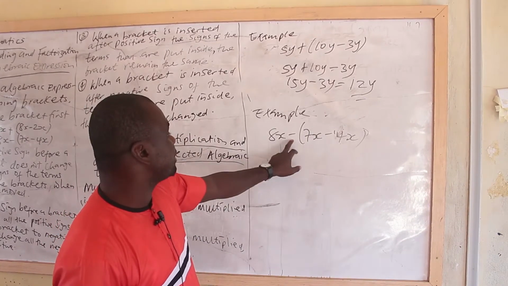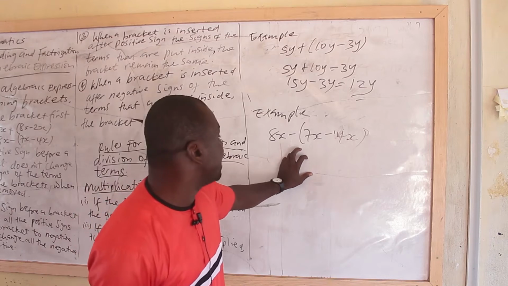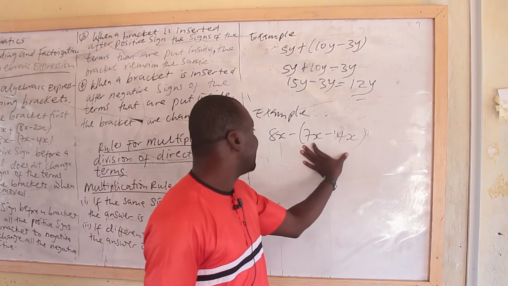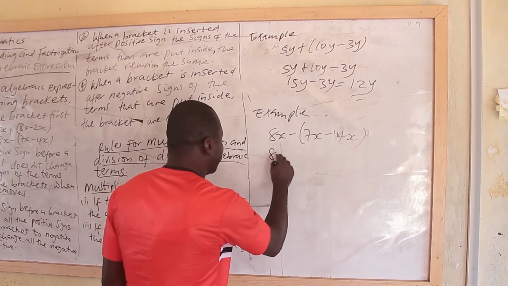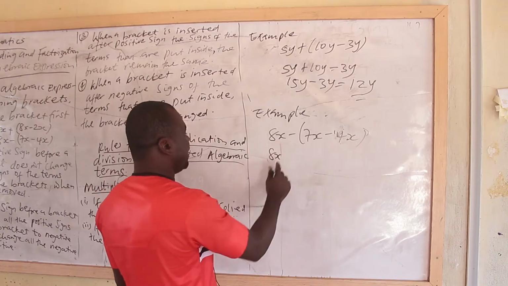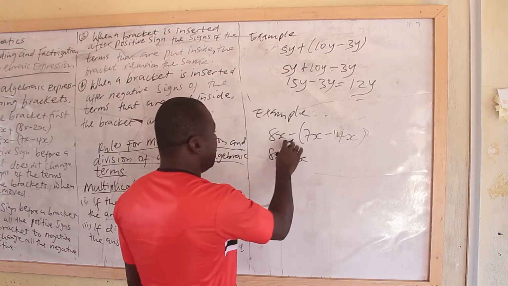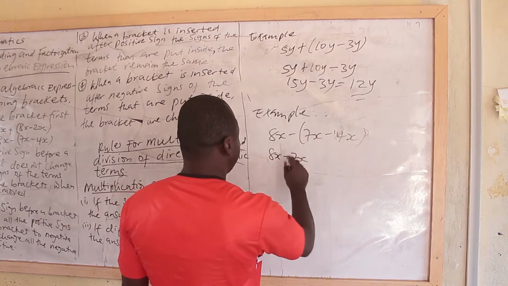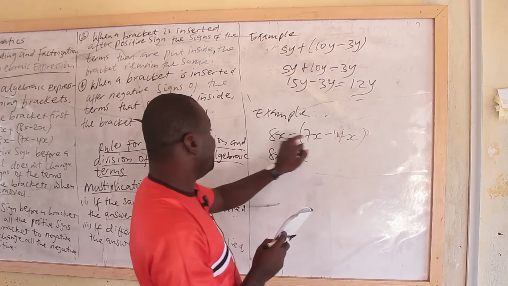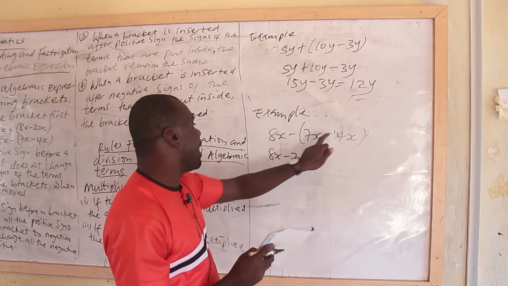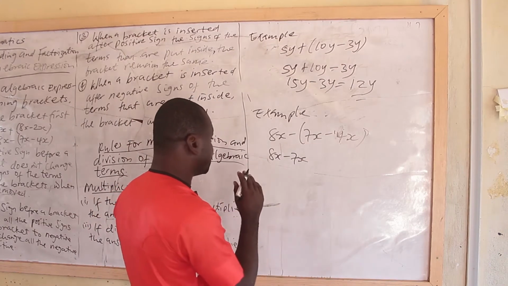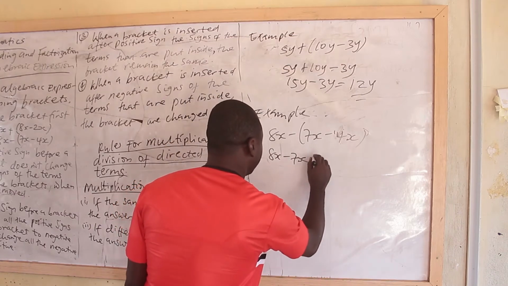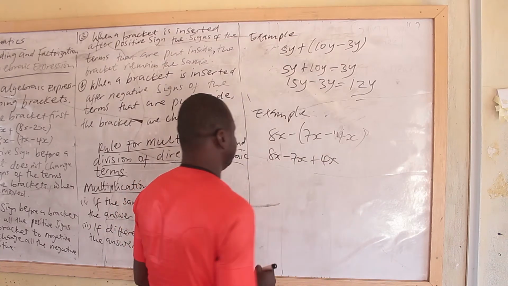So we use the minus sign outside the bracket to multiply whatever is inside. When we multiply out, we have 8x, minus multiplied by 7x gives minus 7x. Minus multiplied by minus 4x, the sign will change because minus multiplied by minus is positive. That's why we have plus 4x.